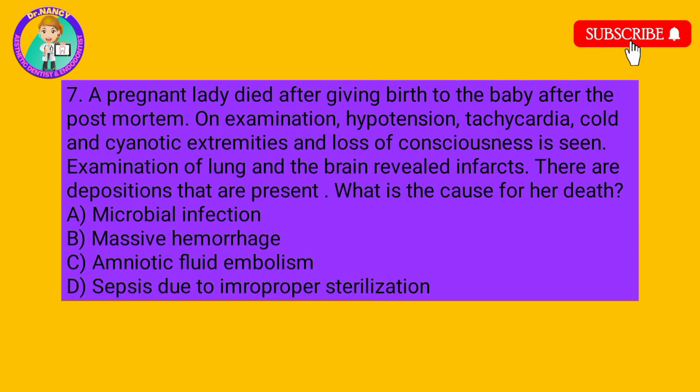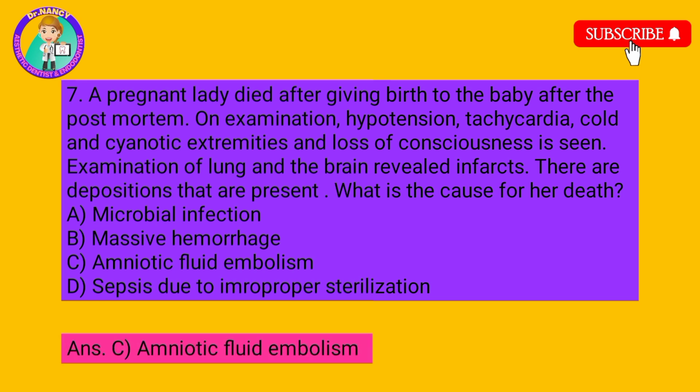A pregnant lady died after giving birth to the baby. On examination, hypotension, tachycardia, cold and cyanotic extremities and loss of consciousness was seen. Examination of lung and the brain revealed infarcts and depositions. The cause of death might be microbial infection, massive hemorrhage, amniotic fluid embolism, sepsis due to improper sterilization. Answer: amniotic fluid embolism.